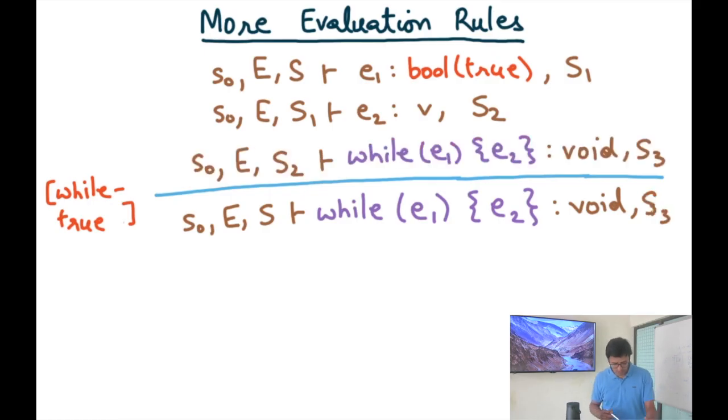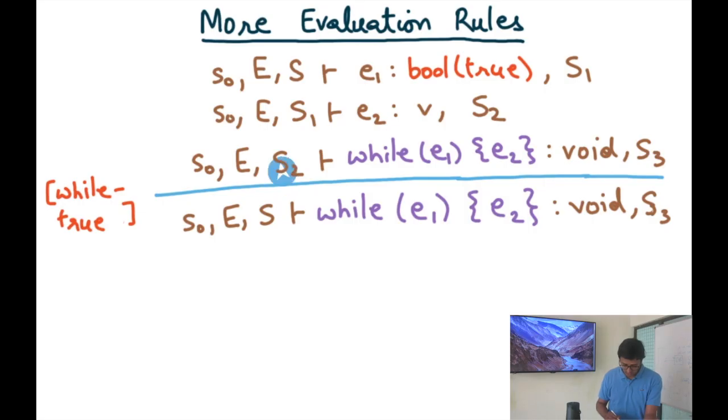And so I'm going to say S0 S2 under this context, if while E1 E2 returns void comma S3, then under the original context also the while E1 E2 returns the same values void and S3. So what am I doing here? I'm just unrolling one iteration of the loop. So I evaluate the condition for the first iteration, I evaluate the body for that iteration, and then for the rest of the iterations I basically just use this updated context with S2.